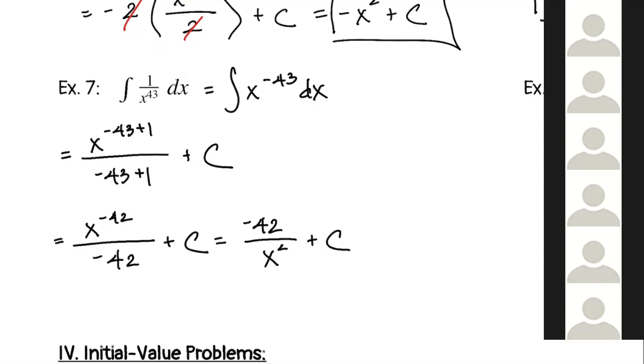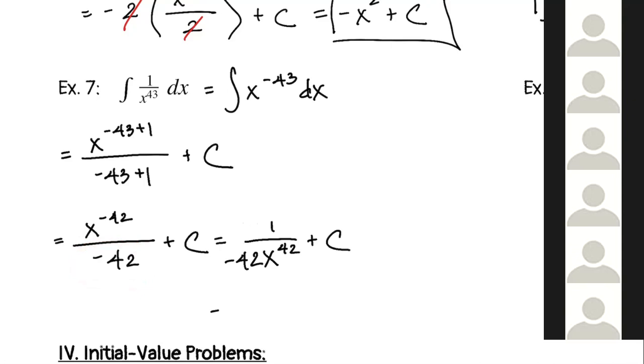And we still have to keep the power there, but we want to make sure that it's now a positive power, okay? But this 42 right here, it has a negative, but it doesn't have a negative exponent, so we're going to leave it where it is. All right, so I'm going to keep this negative 42 on the bottom. Okay, so this could be one way to write it.